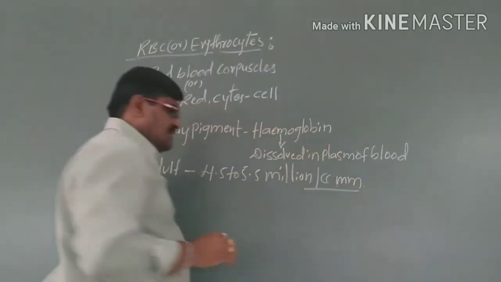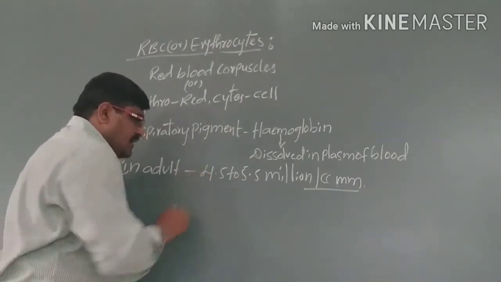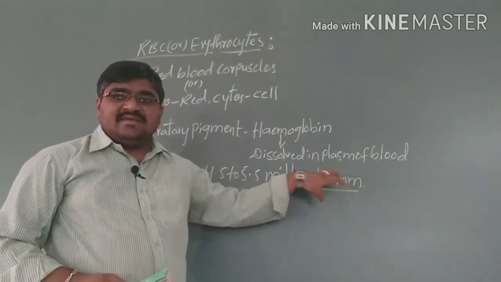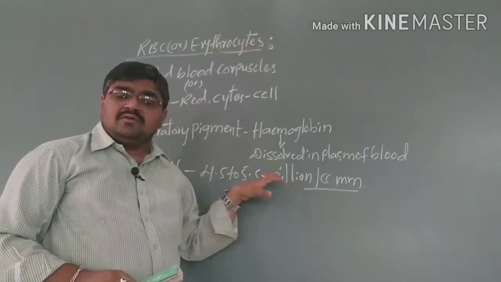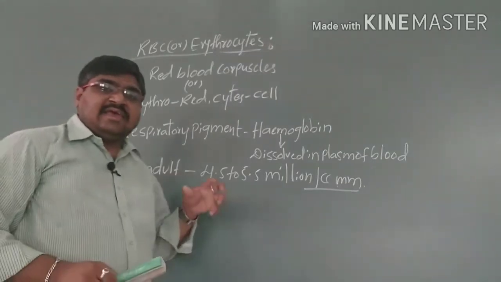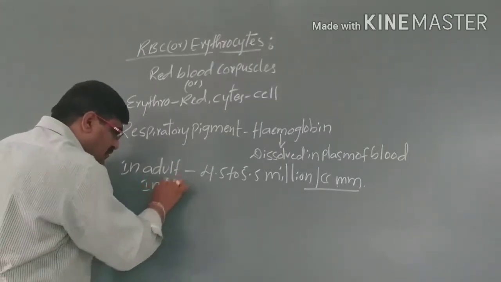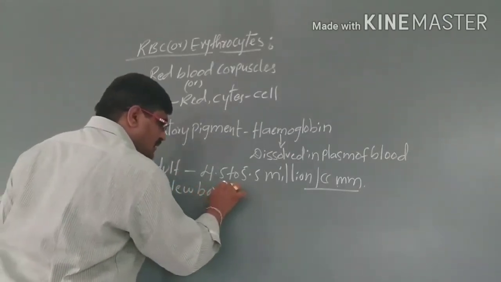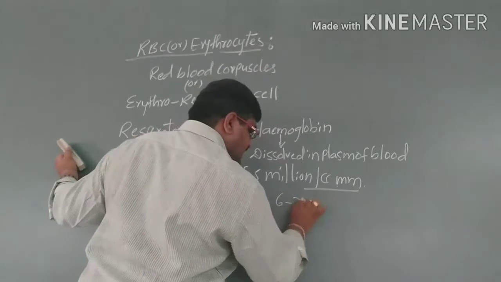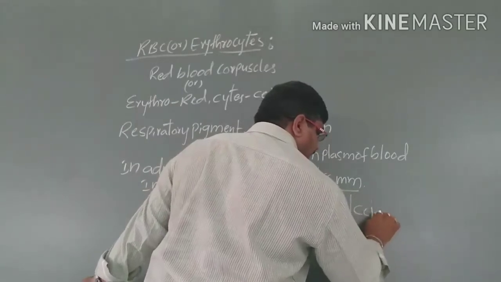That means the average adult has 4.5 to 5.5 million red blood cells per cubic millimeter. And in a newborn baby, there are 6 to 7 million cells per cubic millimeter.